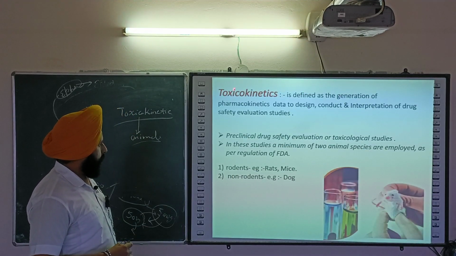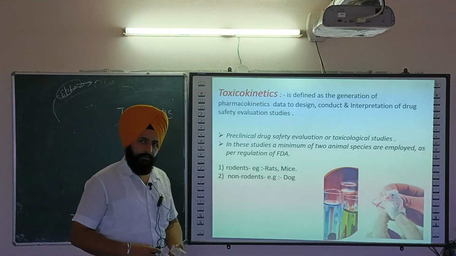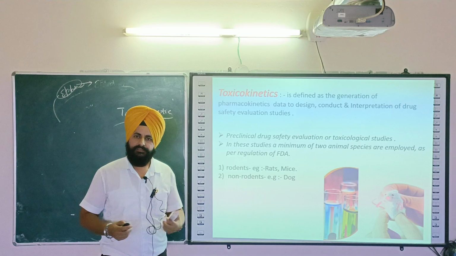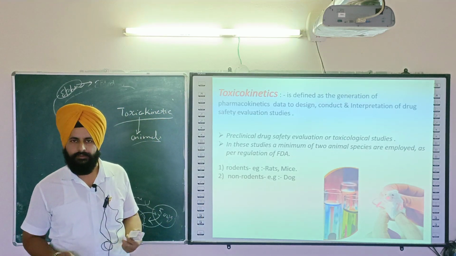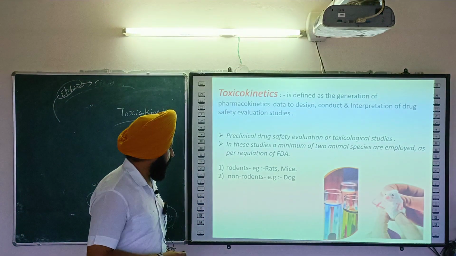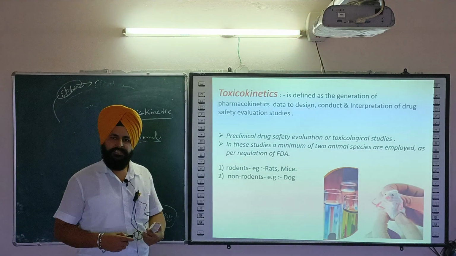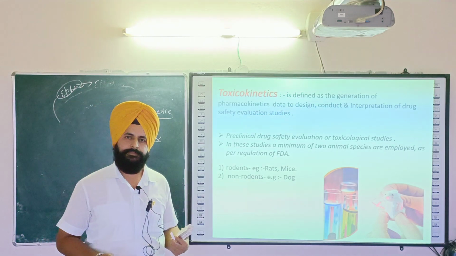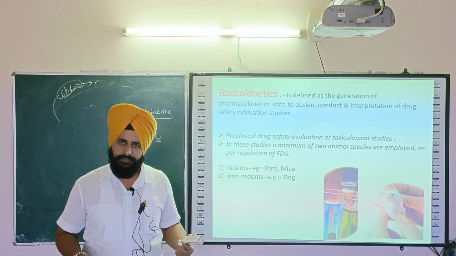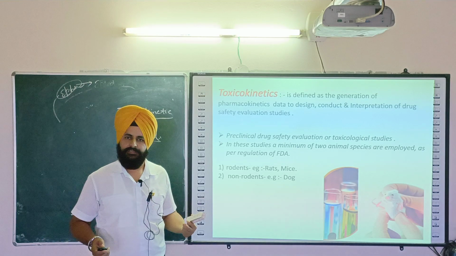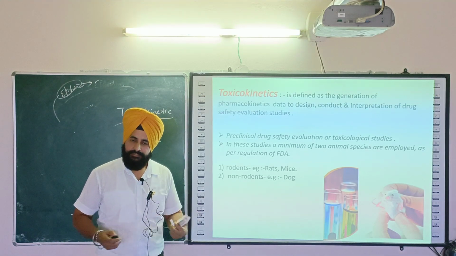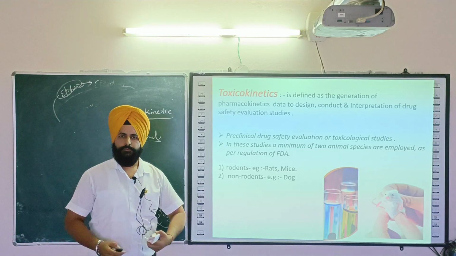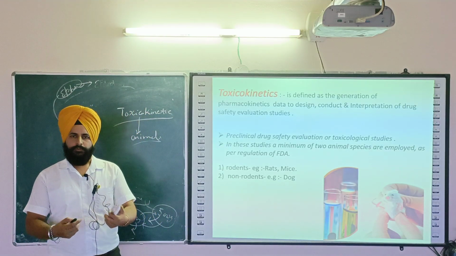So next we go to toxicokinetics, because without toxicokinetics, we cannot analyze the toxic effect of a substance. So it is very important and it is the need of today's researchers that they should know the basics: what are the animals which are preferred for toxicokinetics, what are the species which are used, because students always ask how we do toxicokinetics.